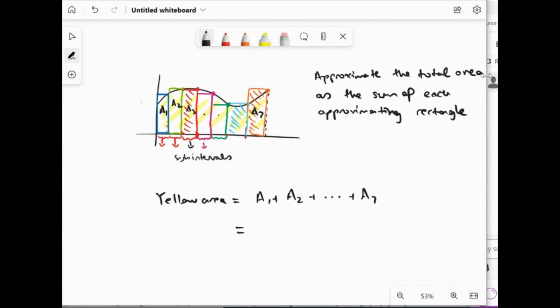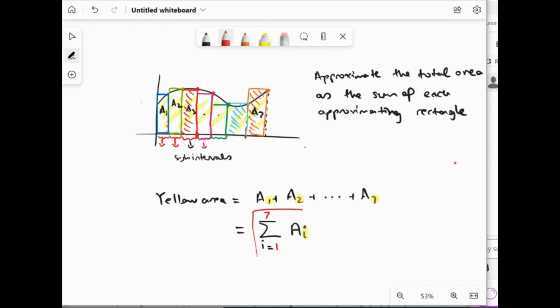How do we write it in sigma notation? Sum of the areas. Here we used the notation first area, second area, seventh area: A1, A2, A3. So that's why I say A_i, and i is changing from 1 to 7.